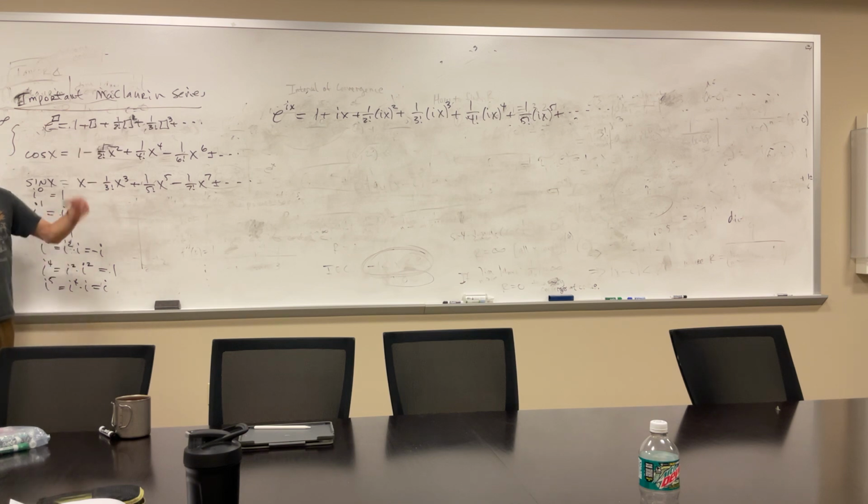Which is centered at 0, right? Like the Maclaurin series? Yes, the Maclaurin series, centered at 0. I'm just taking that series expansion and putting an ix in where there was an x. Does that make it no longer a Maclaurin series? It's still a Maclaurin series, just with a complex imaginary value.